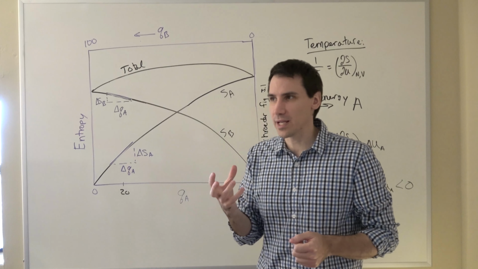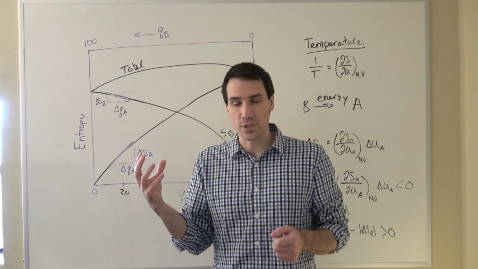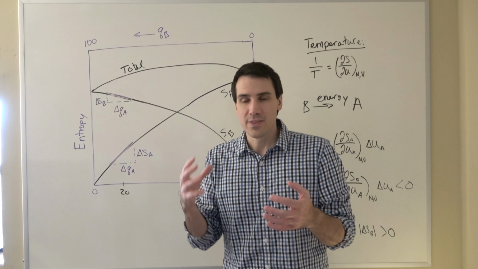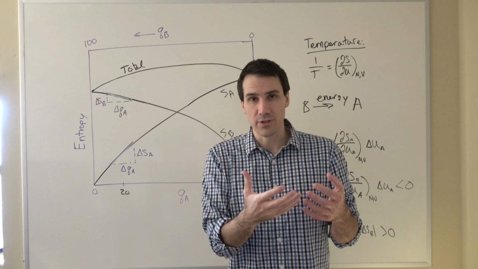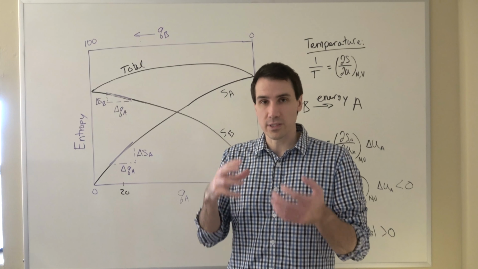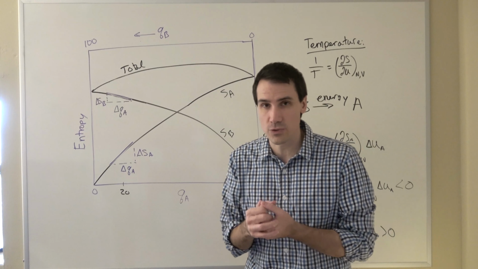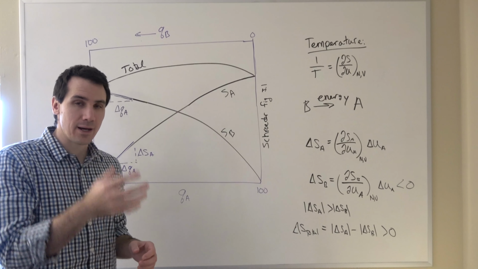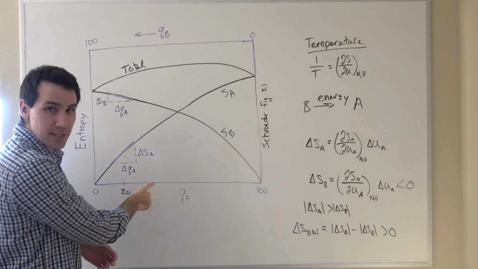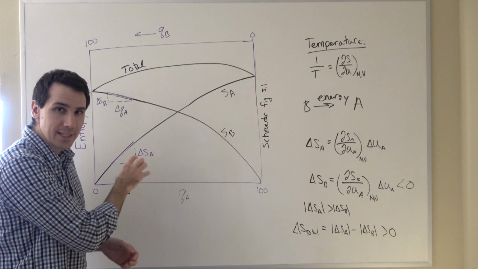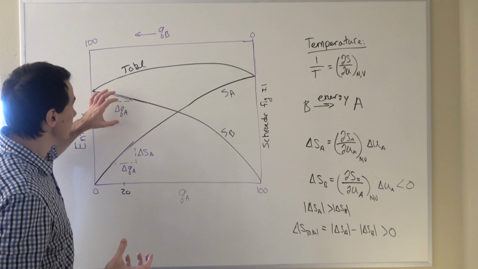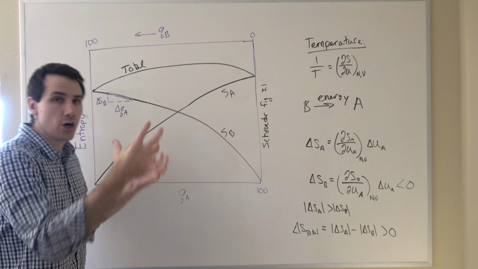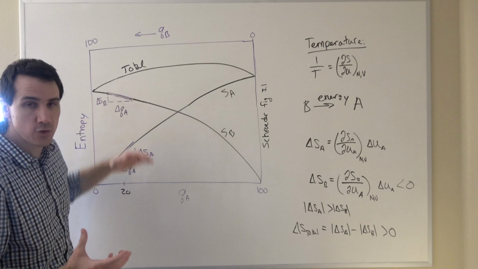And if we couple this with the idea that total entropy of the universe always tends to increase, then that transfer of heat between the hot object and the cold object must be leading to an increase in total entropy. So what we can say is that when an object with a steep entropy versus energy slope gains energy from an object with a shallow entropy versus energy slope, the total entropy of the system increases.